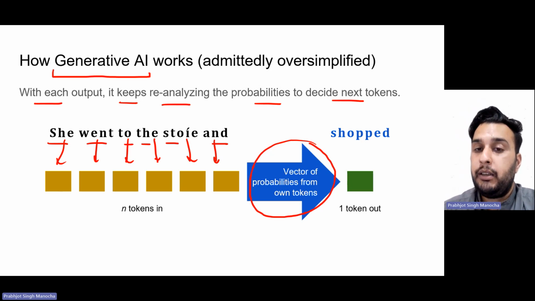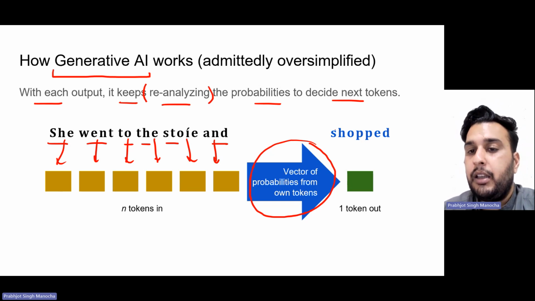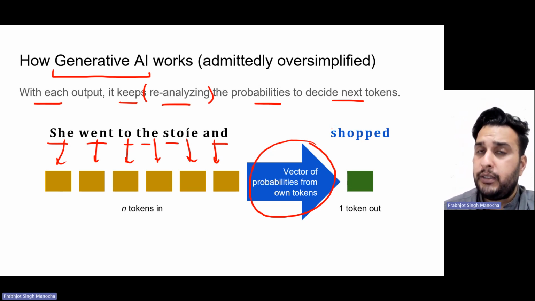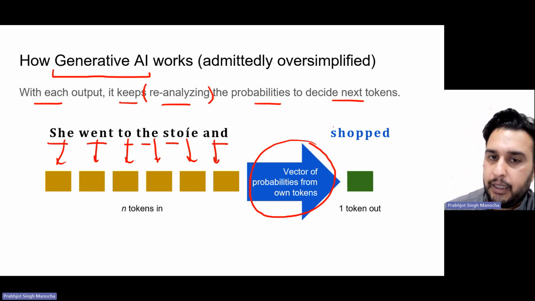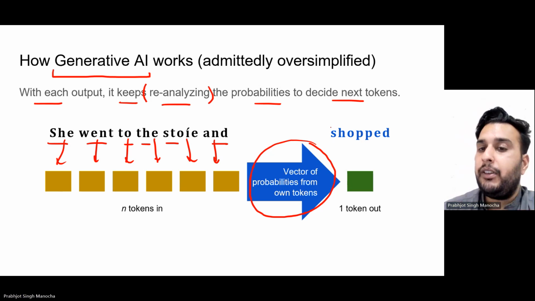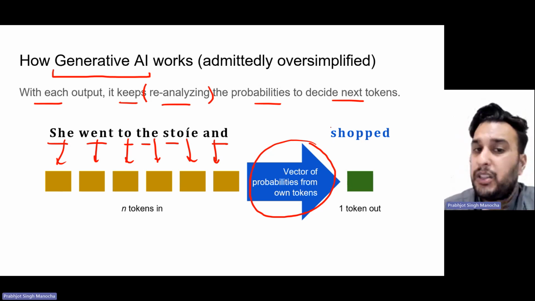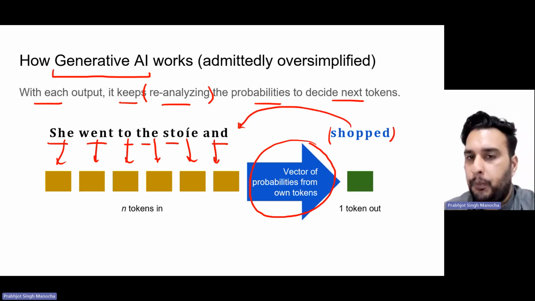All these possibilities they keep reanalyzing again and again. From their own list of tokens, meaning the data that was provided to the model at the start while we were training it, they can take one token out and get the rest checked. So, of the best possibilities, they found: she went to the store and shopped.